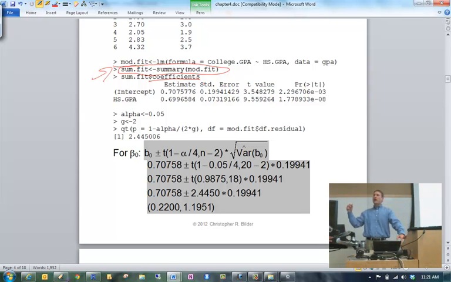And basically what I have here is a portion of the output that we normally see. That contains the beta hats, the standard errors, the test statistic values, and corresponding p-values. I set alpha to be 0.05. What this is going to allow me to do is have a family confidence level of 95%. G is going to be 2 because I'm going to have 2 intervals.